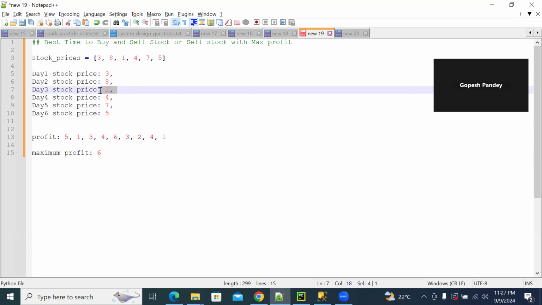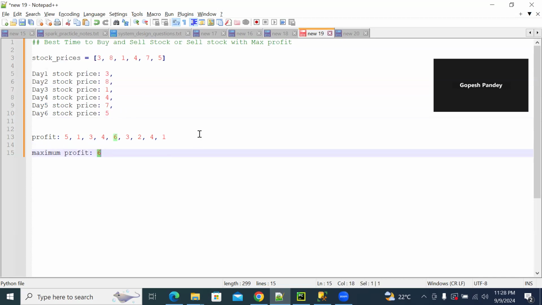Day 3 you got 1, selling with 5, so you got 4 rupees profit. Day 4, 4, and you are selling with 5 on day 6, so you got 1. And now the last one, day 5, you are buying with 7 and selling with 5. That is not the right thing. It's a loss, so we are not writing it here.